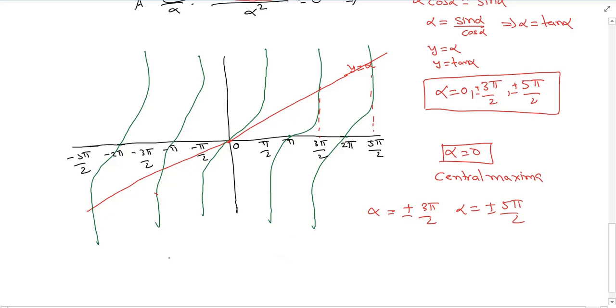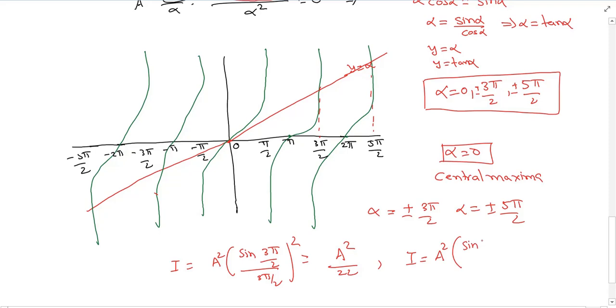So if we substitute these alphas in I equal to A squared (sin alpha by alpha) whole squared, first 3 pi by 2: A squared by (3 pi by 2) whole squared, which is equivalent to A squared by 22. Similarly, for 5 pi by 2, I is equal to A squared by (5 pi by 2) whole squared, which is about A squared by 62.